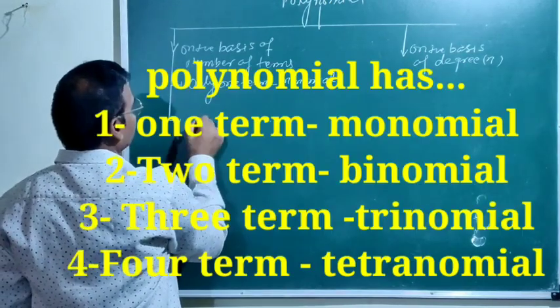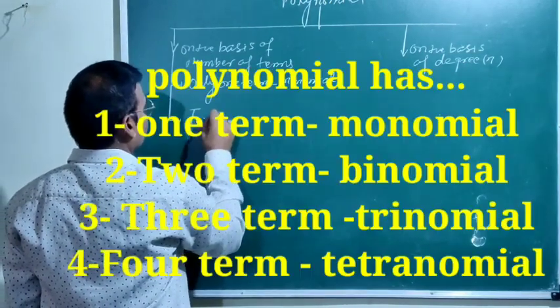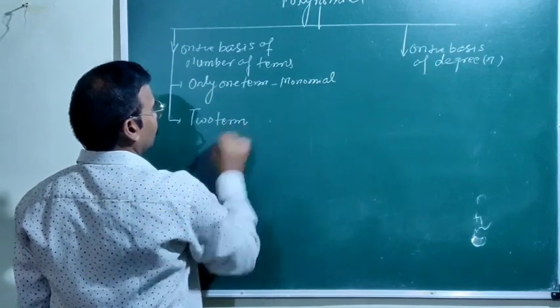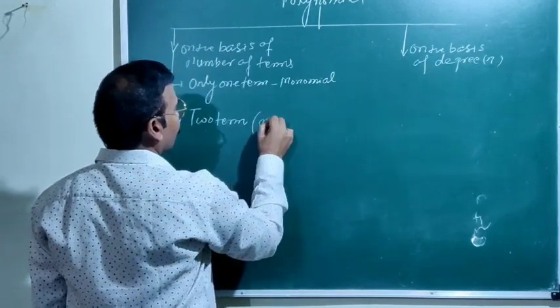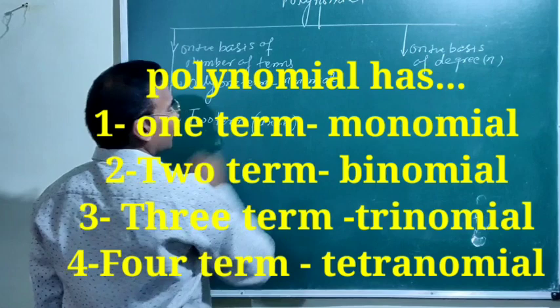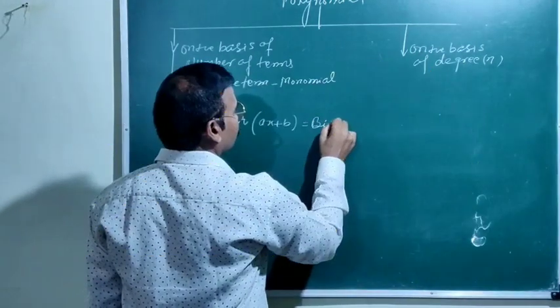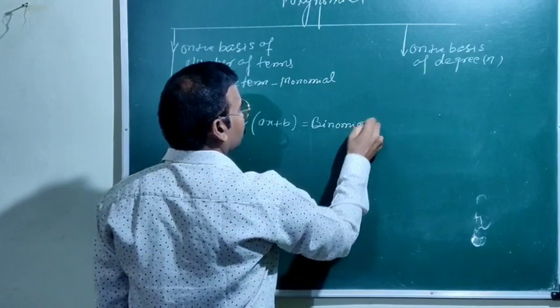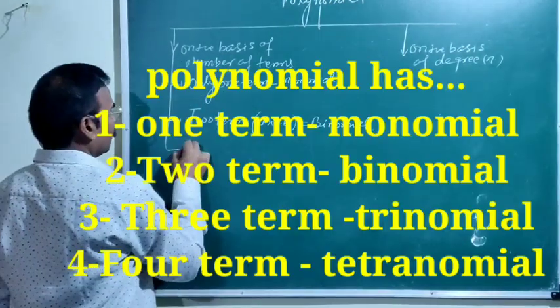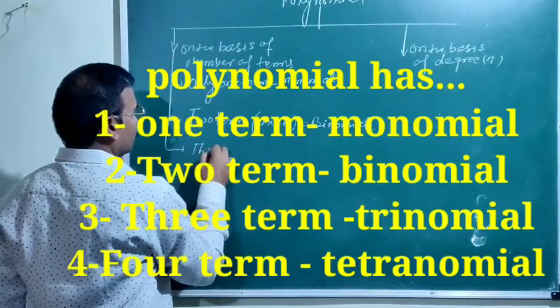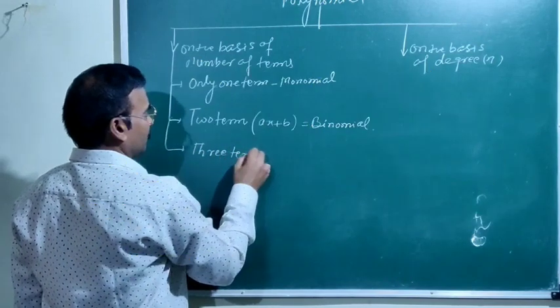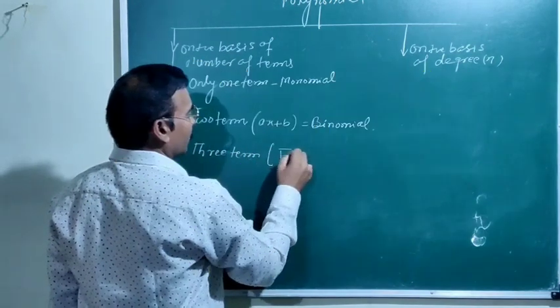Now two terms, either ax plus b, this is binomial. Now three terms, this is trinomial.